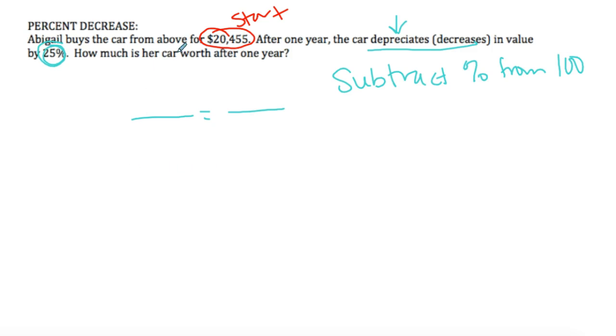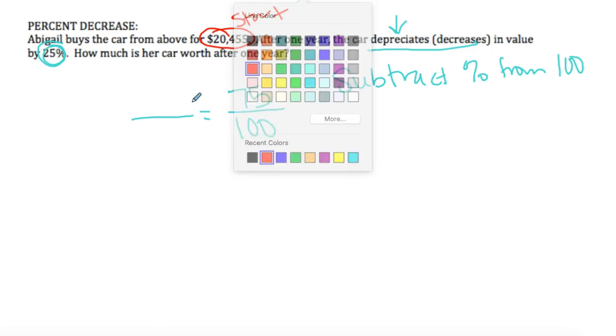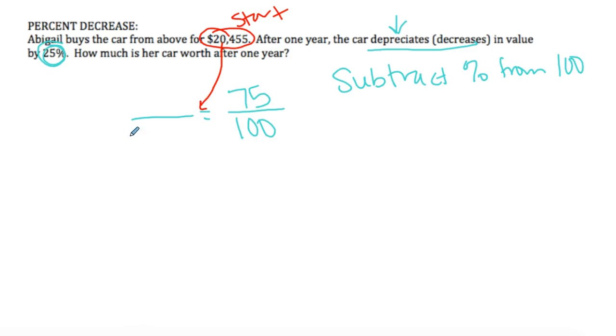So if I have 100%, that means I keep all of it, but now I'm losing 25%. So if I have 100 minus 25, I'd get 75 as my percentage. My original amount is going to go right down here, so it's still $20,455, and I'm still solving for the new, the is.